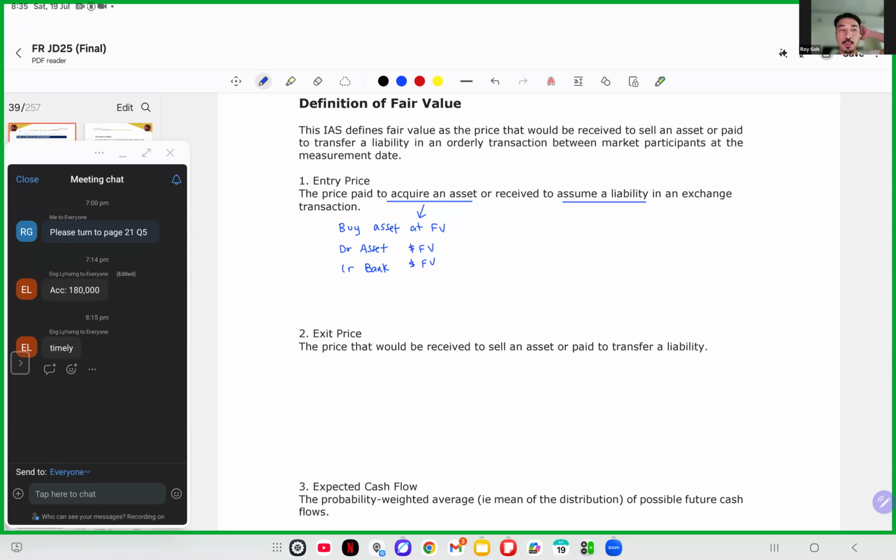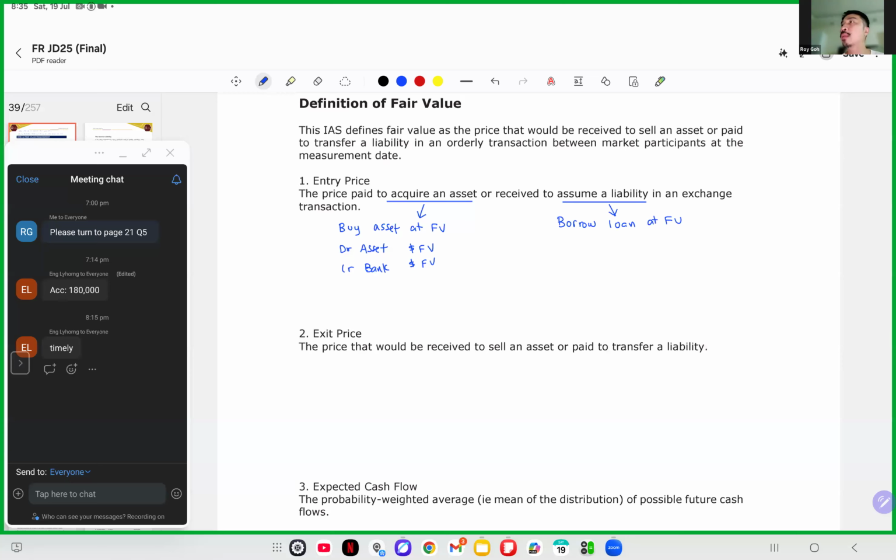Then when you assume a liability, the English is very funny, right? You assume a liability. It means that I borrow a loan at fair value. So this is the fair value, the amount of loan. So today's market price, today's interest rate, you borrow. I assume you have been paying attention to the interest rate at the banks in Cambodia.